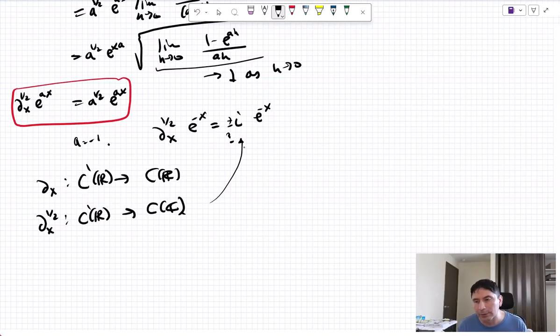The range will be well-defined. That's what the method will be called, extension by scalars. Hopefully that will be a motivation for other fractional derivative operators like the cube root of the derivative operator and so on. All right, thank you, and I'll see you in the next slides.